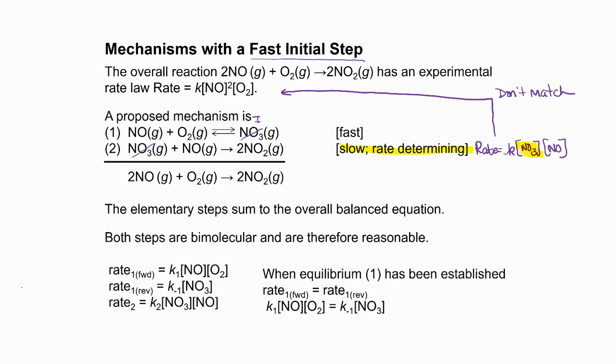That's an intermediate. So what we have to do is get rid of it. We have to convert or express the concentration of NO3 in terms of reactants.